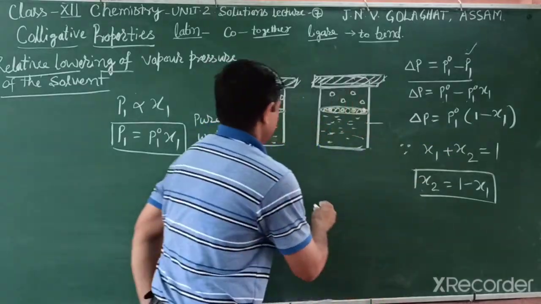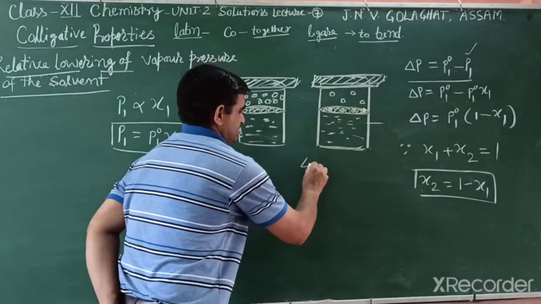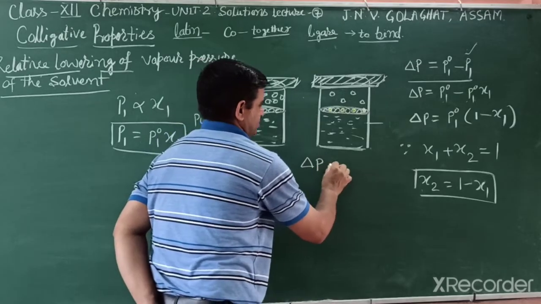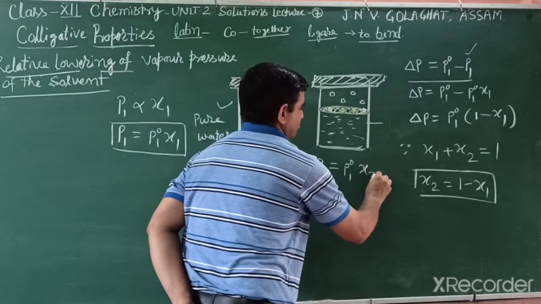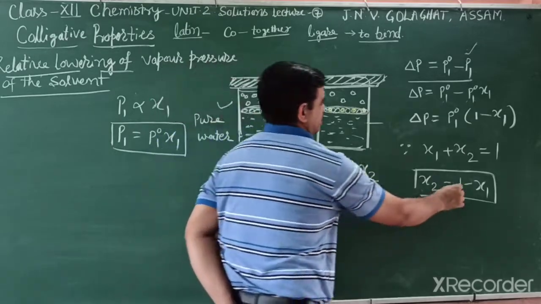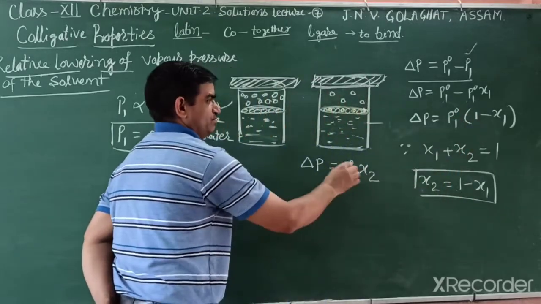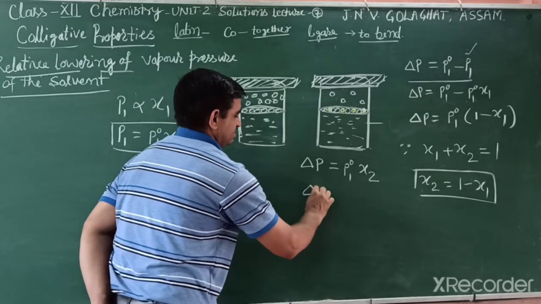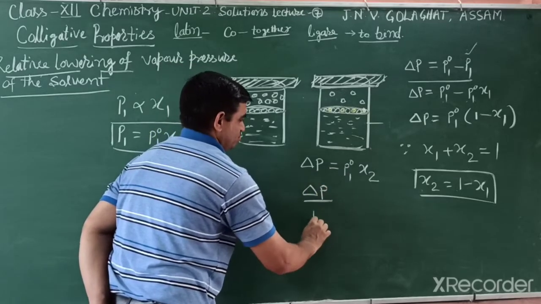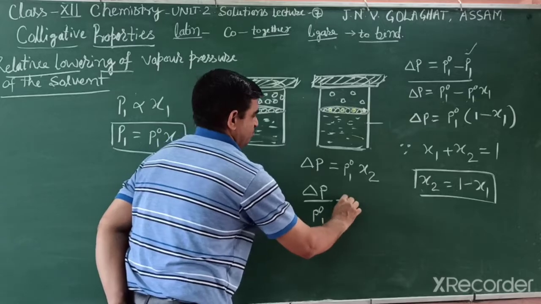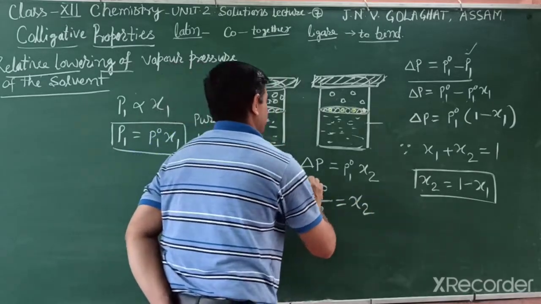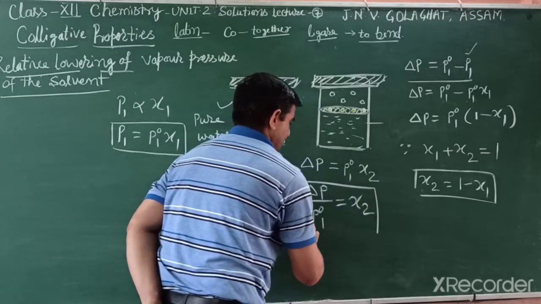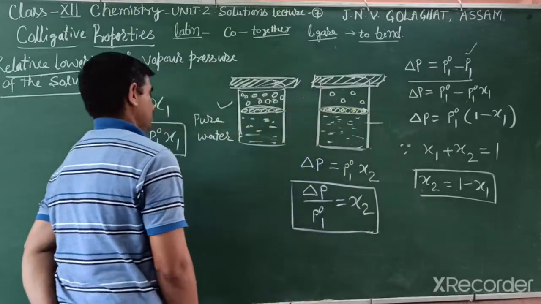So we can write delta P is equal to P01 times mole fraction of solute. When we rearrange this equation, delta P is equal to the pure vapor pressure of the component times the mole fraction of the solute. So this one is the relative lowering in vapor pressure.